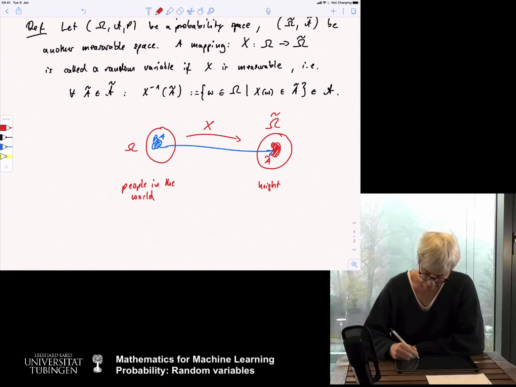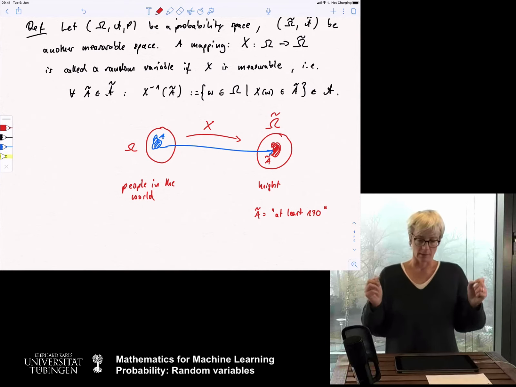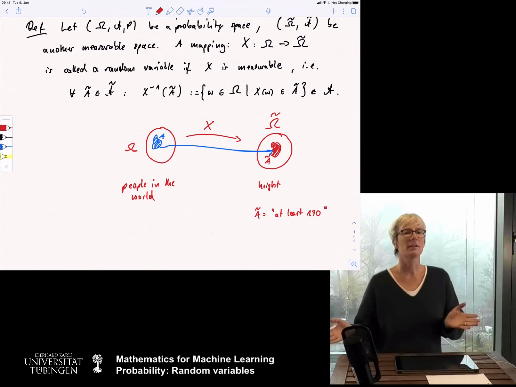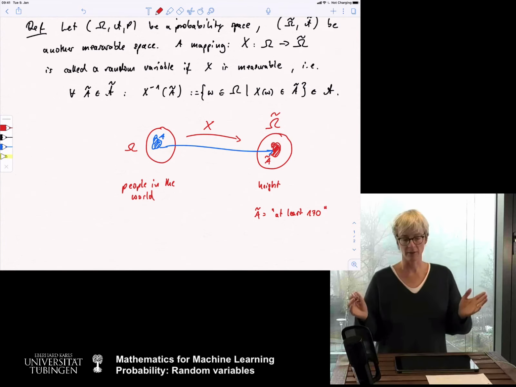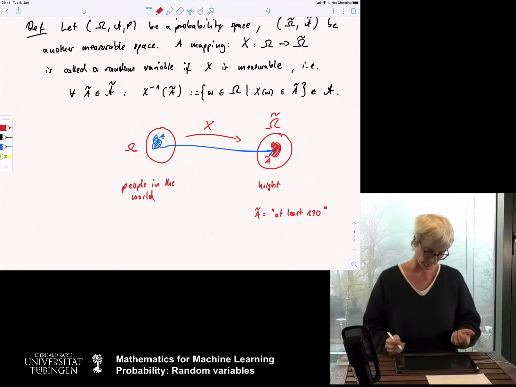So we could here have the set A tilde, which is at least 1.70 meters, 170 centimeters. And now this is something that lives on the space omega tilde. So on this space we currently don't have a probability even yet. We just assume that A tilde is one of these sets where we want to assign the probability to.